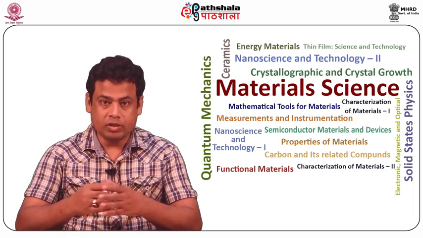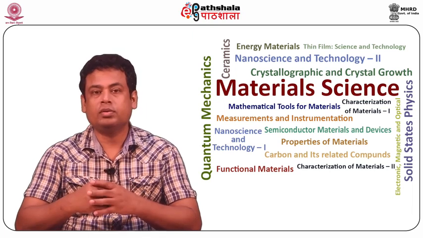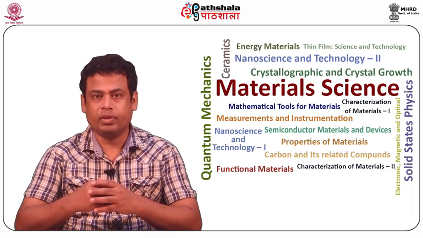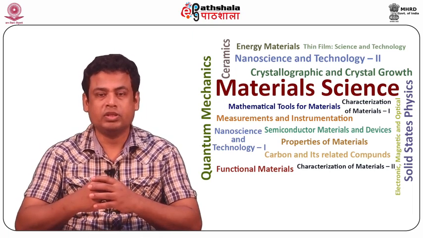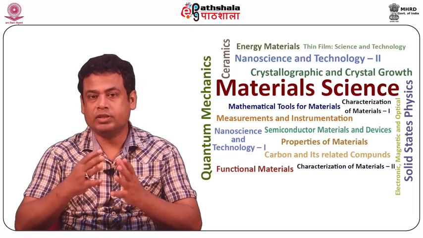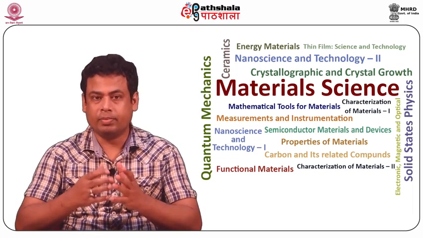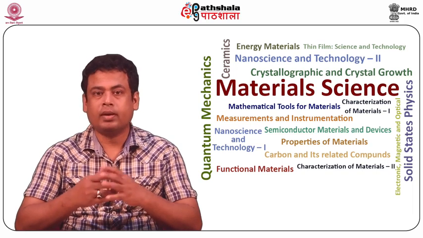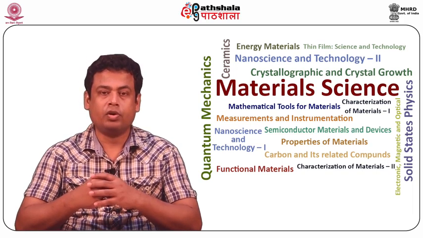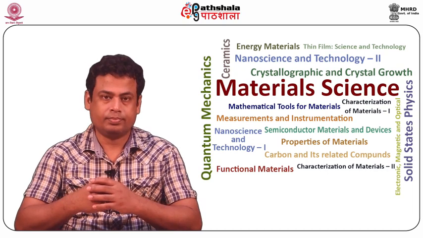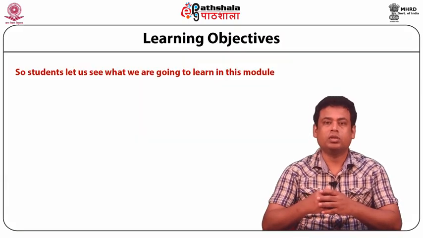Today we are going to discuss the module Auger Electron Spectroscopy Part 1. This is under the chapter Spectroscopic Methods from the paper Characterization Techniques for Materials 2. From this module, students may get to know about the following.